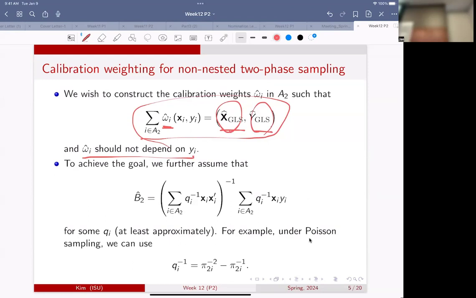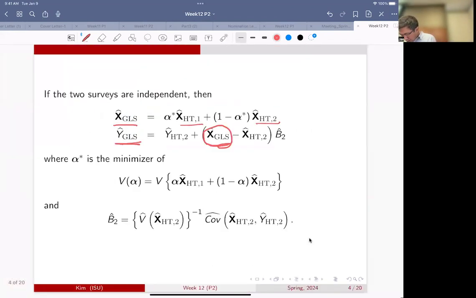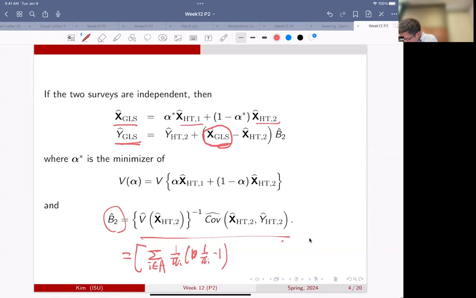Okay. So to achieve that, for now, let's assume that we can express the beta. What is beta hat 2, by the way? Beta hat 2 is this guy. But if you have a Poisson sampling, for example, then you can write it as something like this, with psi prime inverse. So if you have a Poisson sampling, you have a closed form.